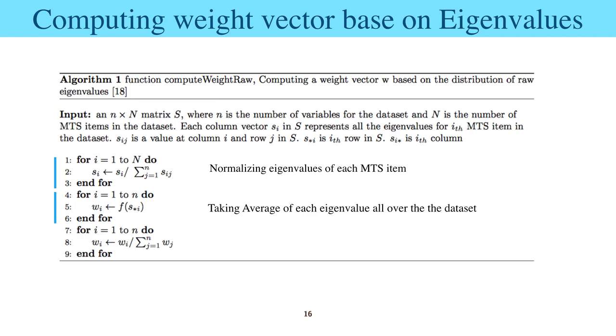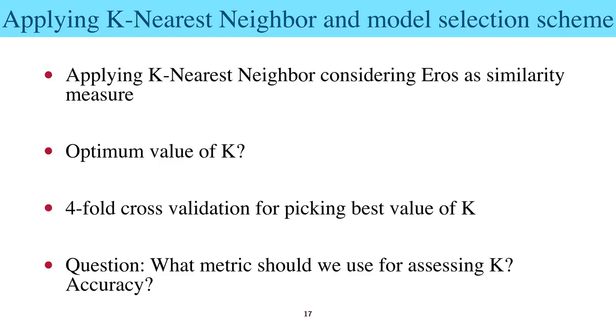For example, we take the average of all of the first eigenvalues over all items, then we take the average of the second eigenvalues, and so on. So we generate n values, and finally we normalize all of these values and we have our weight vector. This is the weight vector that is used for computing the similarity between two multivariate time series.